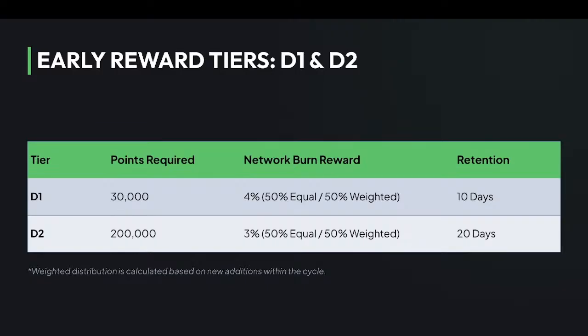So moving forward, let us analyze slide 5, which covers the mid to high reward tiers, specifically tier D3 and tier D4. This is where we see the system scale up for major communities.